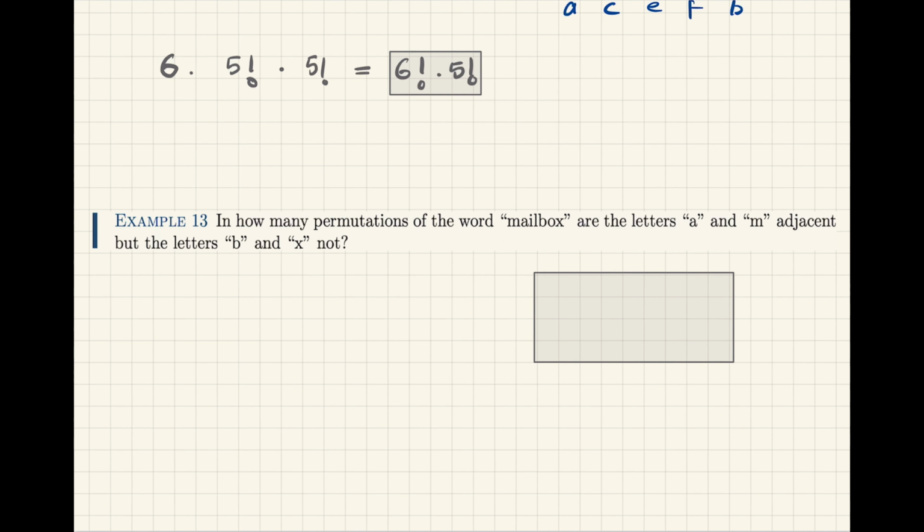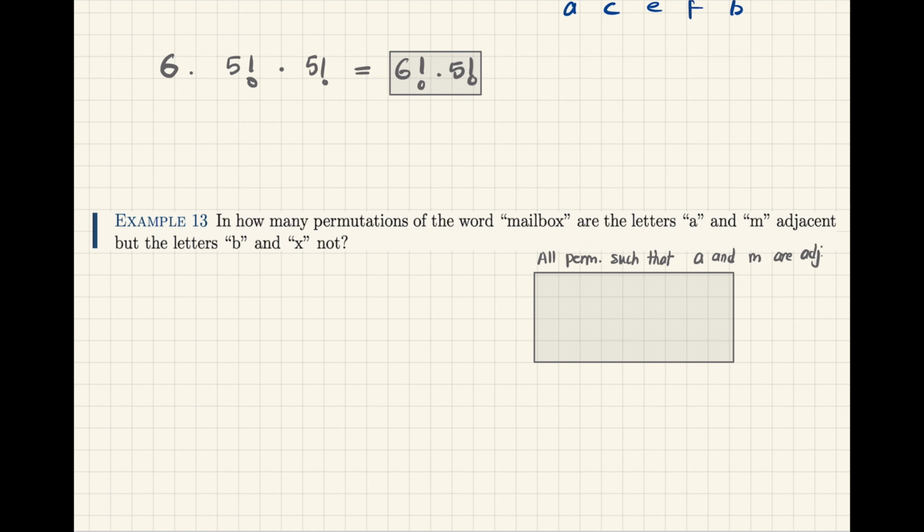In this rectangle, I consider all permutations such that A and M are adjacent. Yes?